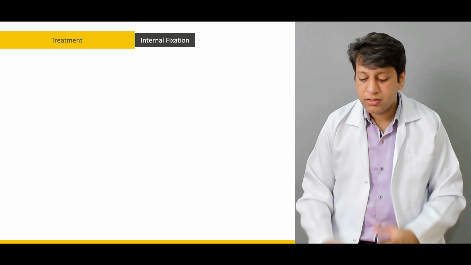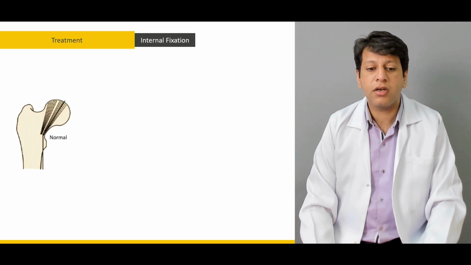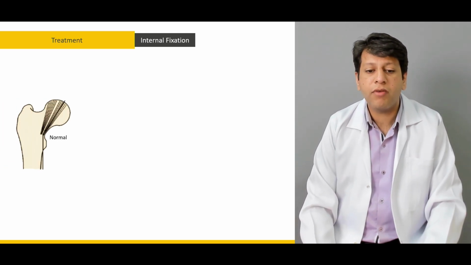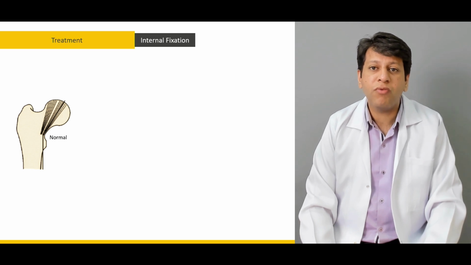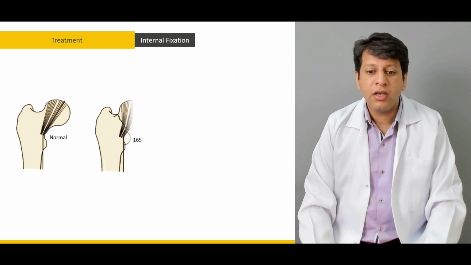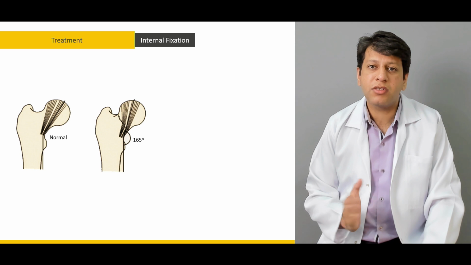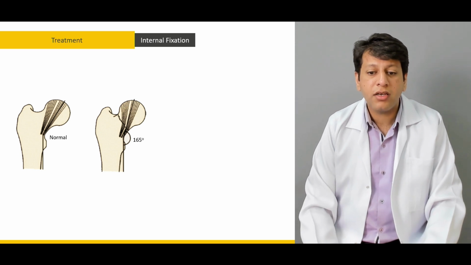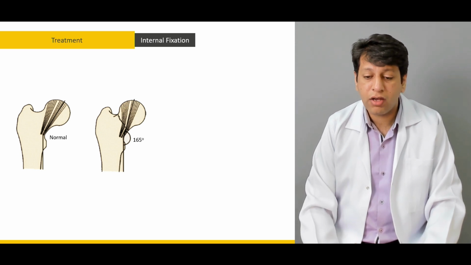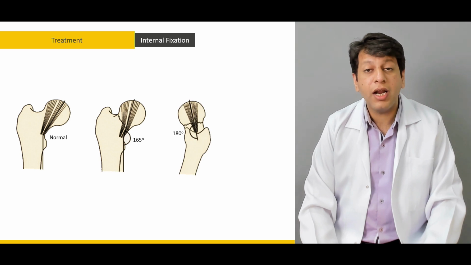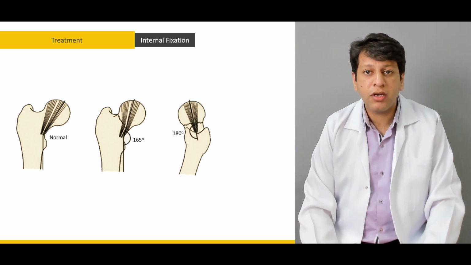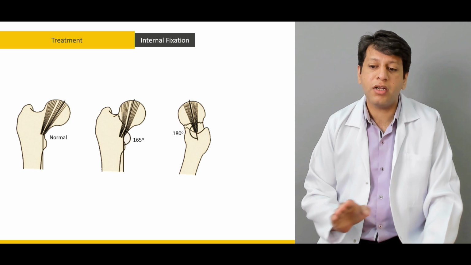Similarly, this is actually a diagram which shows what the normal alignment is, normally 160 to 180 degrees. If you see on AP view, normally it should be between 160 to 180 degrees, and this is how we fix the neck of femur fractures. And on lateral view, when we are viewing it, it's usually between 160 to 180 as well.